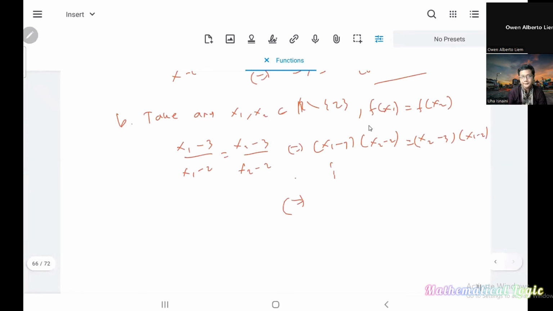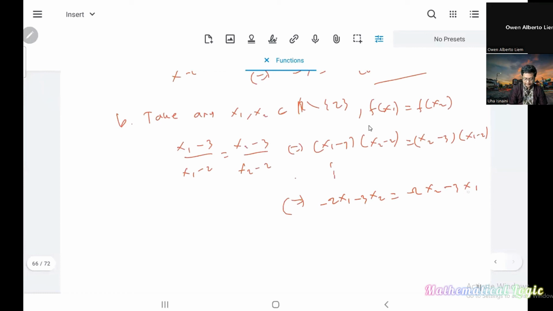And then minus 3 times minus 2 is equal to 6, and 6 also will be canceled out, so this will disappear. What you have is only minus 2 times x1 minus 3 times x2, and this is minus 2x2 minus 3x1, right?